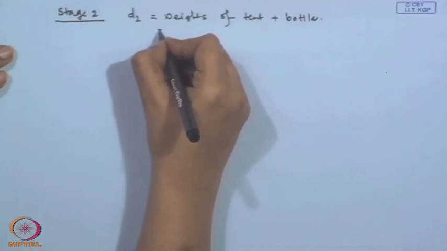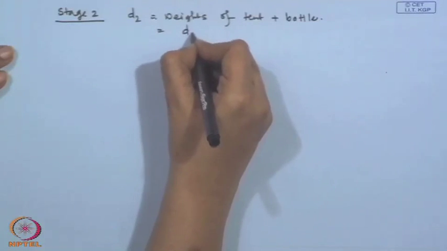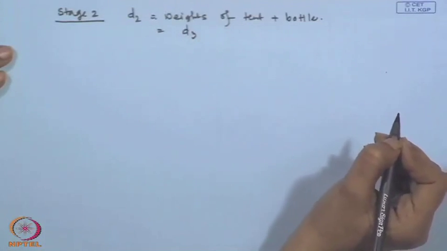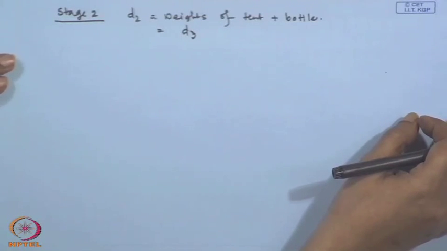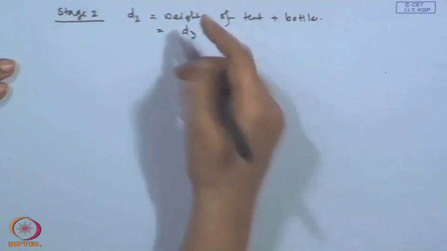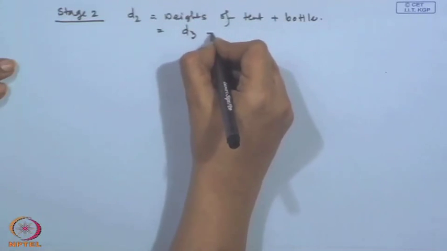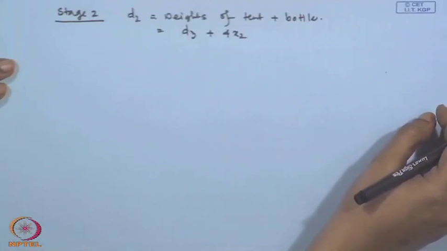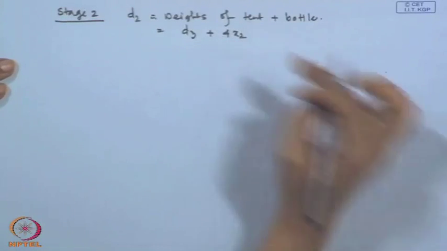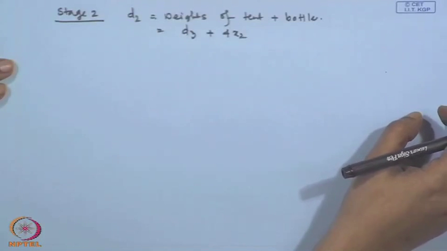Already we have considered the weights for tent as D3, and what about weights of bottles? If I consider x2 is the variable regarding the number of bottles we wanted to consider, then D2 must be equal to D3 plus 4 x2, because 4 is the unit weight for bottle of water.